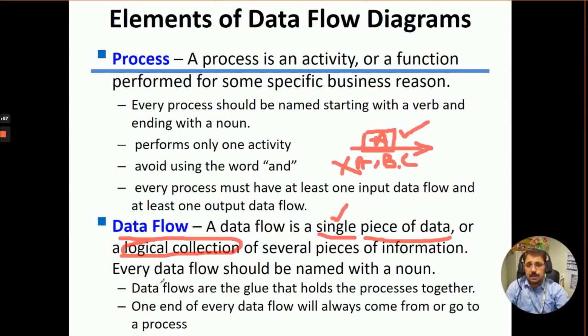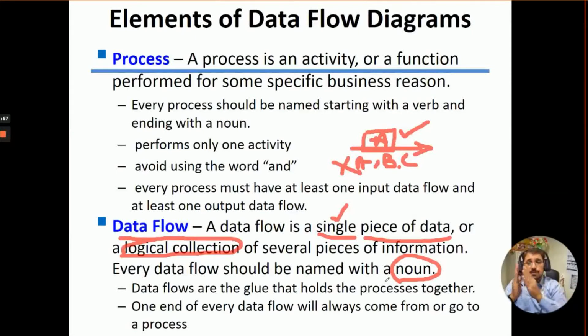So now again, what are the rules for that? Every data flow should be named with a noun. Note the difference. Process is verb, data is noun. The data flows are the glue that holds the processes together.